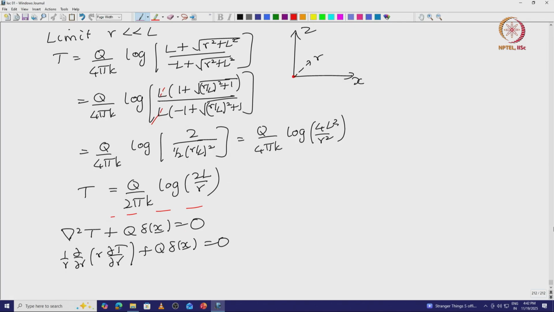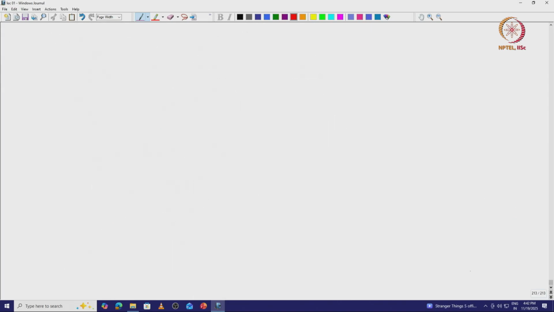So, to summarize what I have said about the distributed source so far, the distributed source follows del square T plus Q_V of x is equal to 0. You can consider this distributed source to be the sum of a large number of point sources. And therefore, each point source in a differential volume can be assigned a delta function at the centroid of that volume.